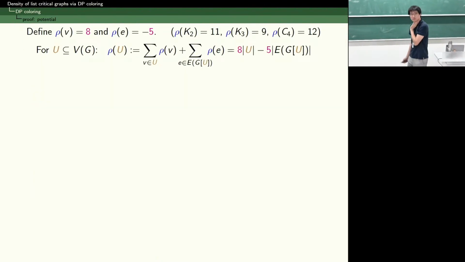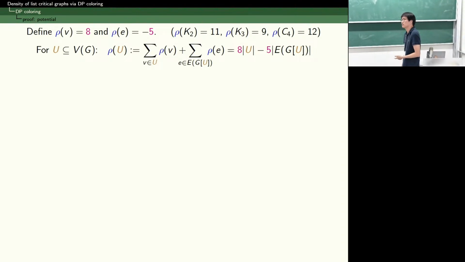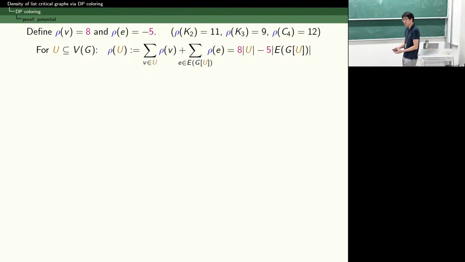Maybe I'll talk a little bit about the proof. The proof uses the potential method, which is a strengthening of discharging. In the potential method, for every vertex and edge you assign some weight. When k equals 4, the weights are 8 and negative 5. If you give me a graph and a vertex subset, the weight of that subset is the sum of all the weights of the vertices and edges within that subset.